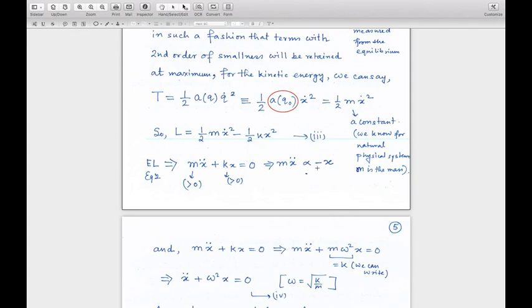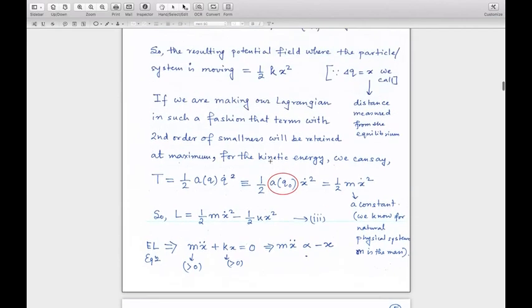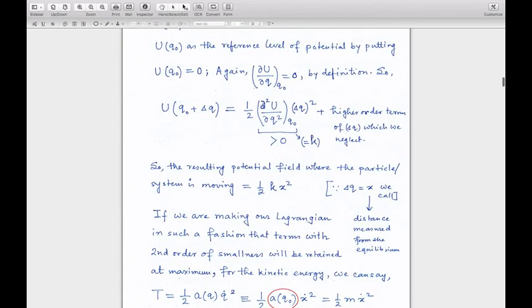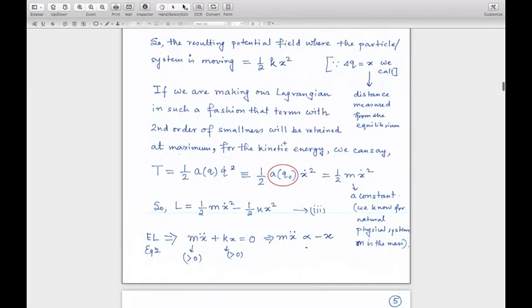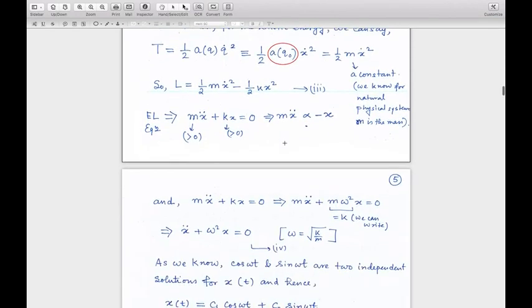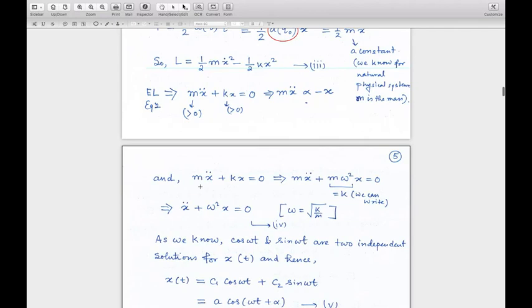So m x double dot will be proportional to minus x, simply because m x double dot will be minus kx and k is greater than 0, because remember k is nothing but del 2 U del q2 evaluated at q0, and this is a positive quantity for the minimization condition of U. So finally we have m x double dot plus k, which is a positive quantity, times x is equal to 0, and this k can now be written as m times omega square.